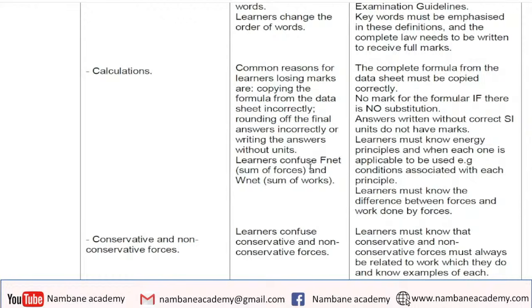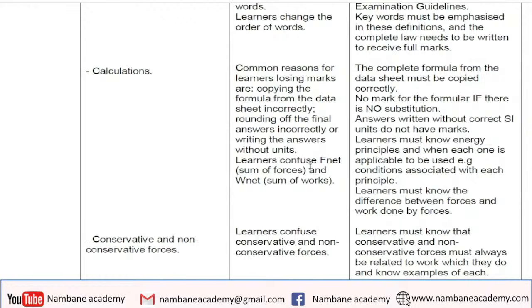And then when it comes to conservative and non-conservative forces, the definition must include the force for which work done is independent of, or dependent on, the path taken. Learners many times will omit that part of the force for which work done.